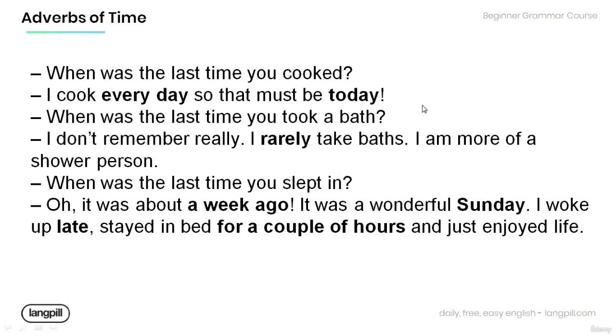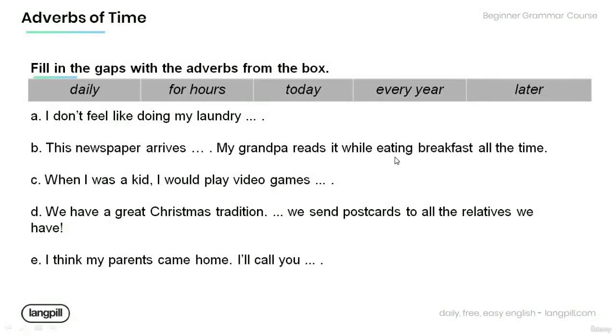Now, it's time for you to practice on your own. Read the following sentences and fill in the blanks with the adverbs from the box. Daily, for hours, today, every year, later. A. I don't feel like doing my laundry. B. This newspaper arrives.